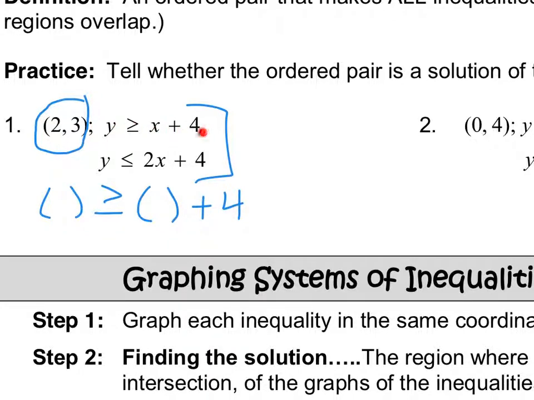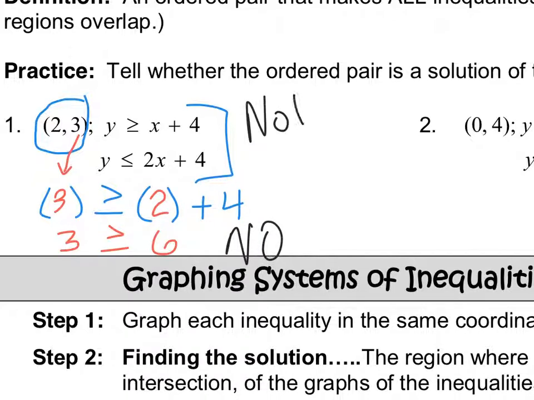I've just taken this first equation, and instead of the y I've done parentheses, and instead of the x I've done parentheses. Now I can plug in. My y is going to go there, it's a 3, and my x is going to go there. So what I've got is 3 is greater than or equal to 2 plus 4, which is 6. Now is that true? Well, no, that's not true. So that is not a solution.